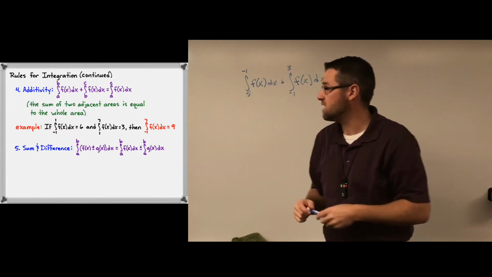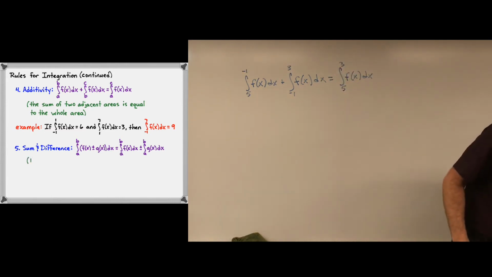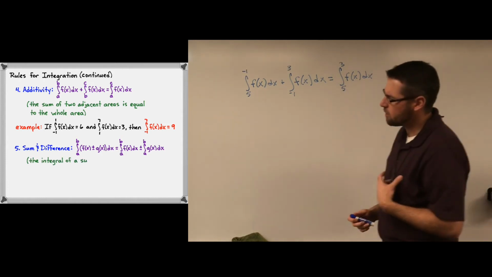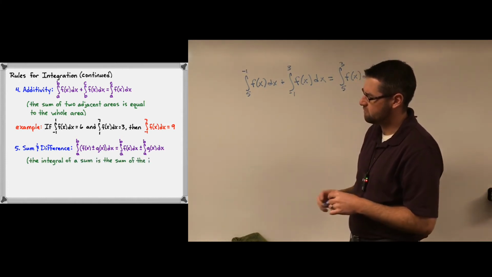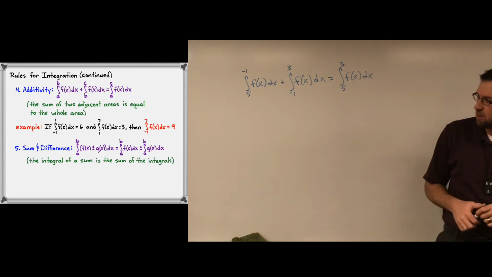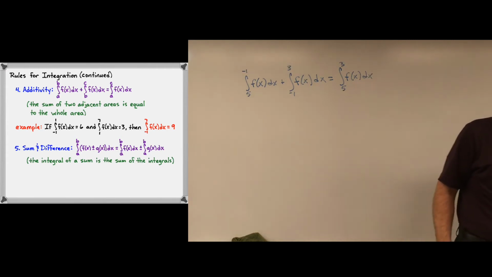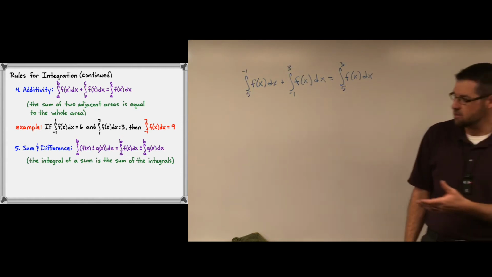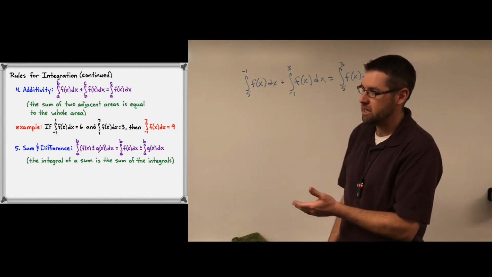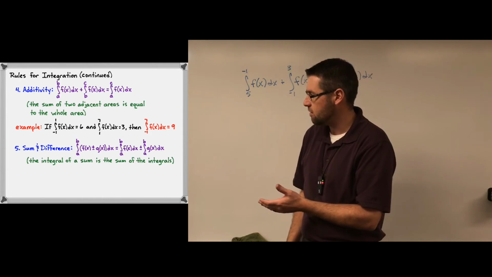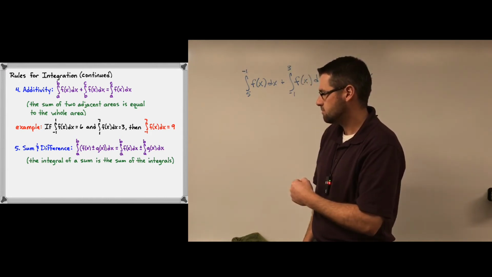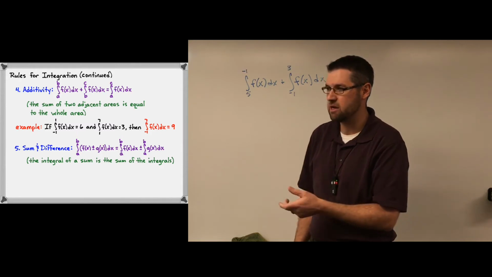And those limits are the same. Okay? So the example that I would give you, and you've seen this kind of term before, the integral of the sum is the sum of the integrals. Not in the context of integrals, but the sum of the areas.